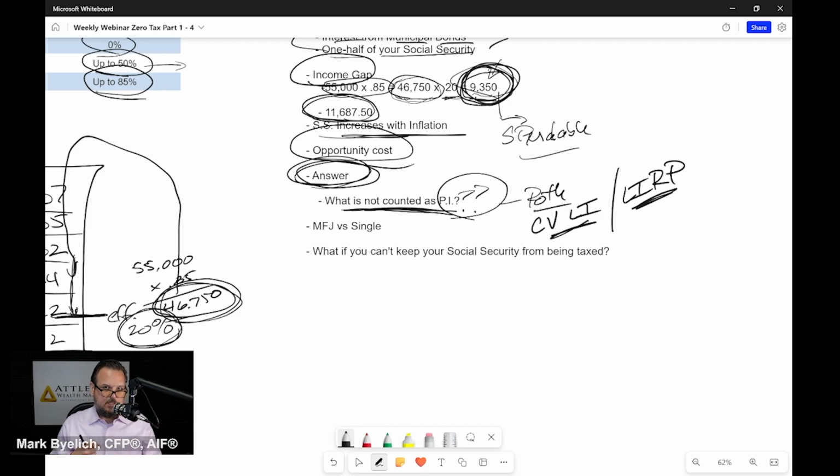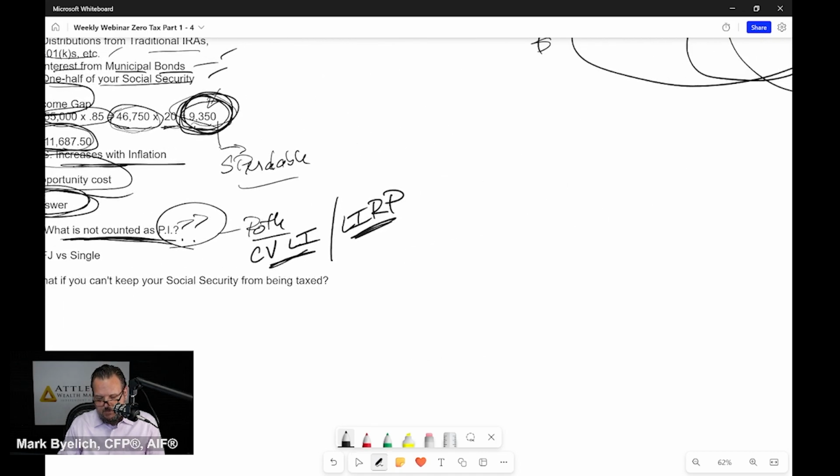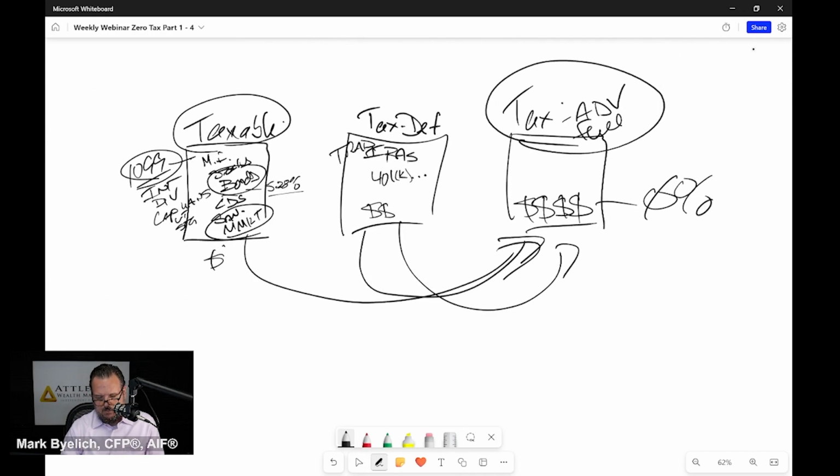Properly structured distributions from life insurance policies do not count as provisional income, so they can help minimize or eliminate your taxation on Social Security. So again, the two things that are truly tax-free are Roth or cash value life insurance, also known as life insurance retirement plans.